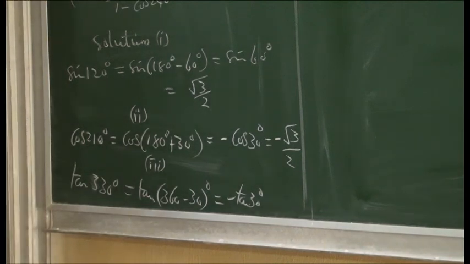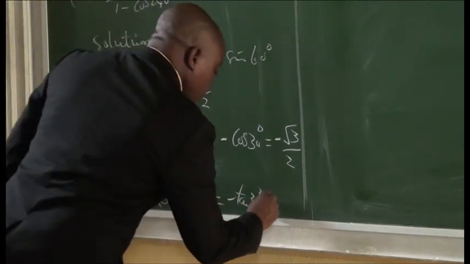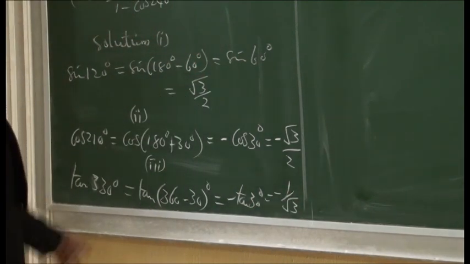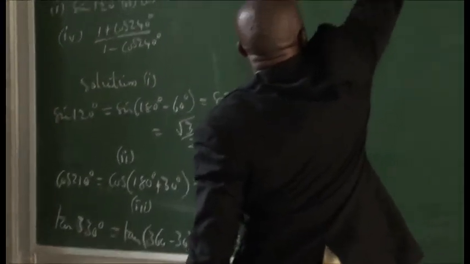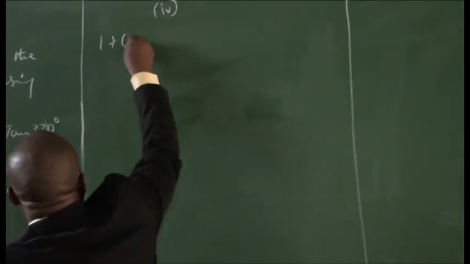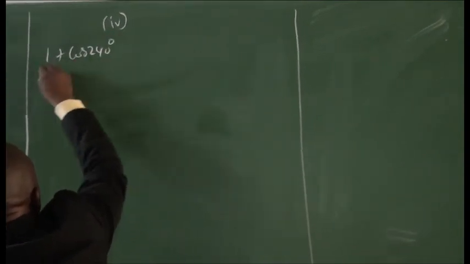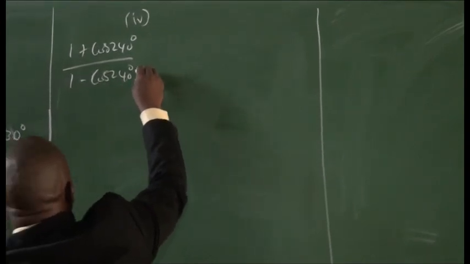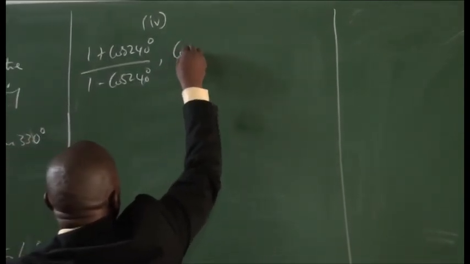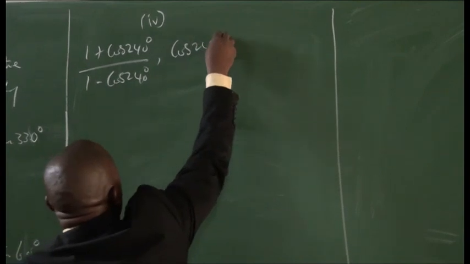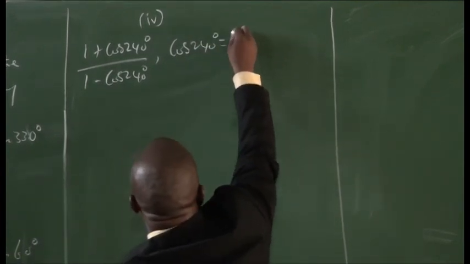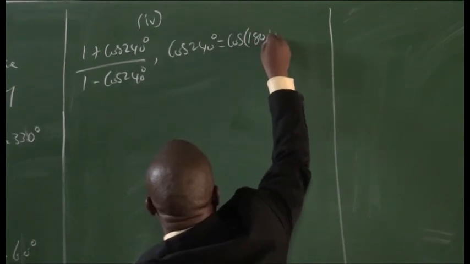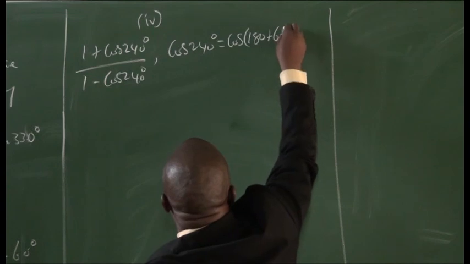Of course, tan 30 degrees is 1 over root 3. So we go to IV: 1 plus cos 240 degrees over 1 minus cos 240 degrees. But we know that cos 240 degrees is equal to cos of 180 degrees plus 60 degrees.